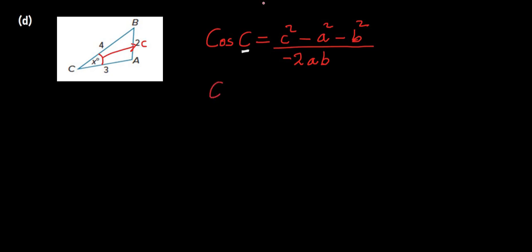So this will become cos x degrees equal to, lowercase c is 2, so this will be 2 squared minus a. This is angle A, and the side directly opposite that is this, which is 4. So the lowercase a is 4, so this is 4 squared.